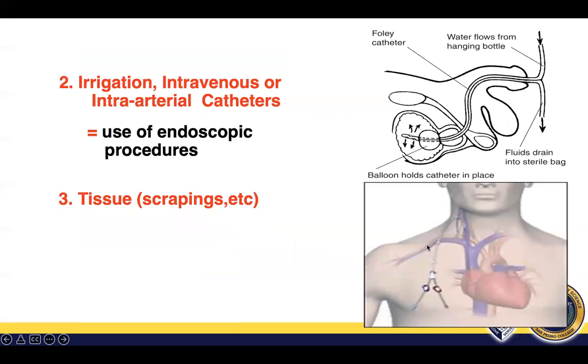Okay. And then for irrigation or intravenous or intra-arterial catheters, okay, this is again done by an expert, no? So they could make use of endoscopic procedures for this. Okay? And then tissue, no? Tissue specimens, scrapings, or actual tissue samples. And you can also process that in the laboratory.